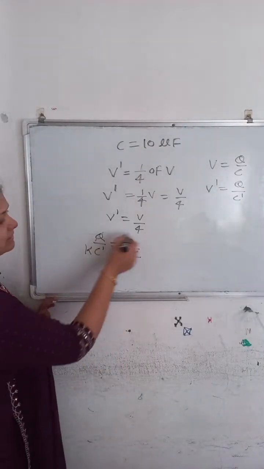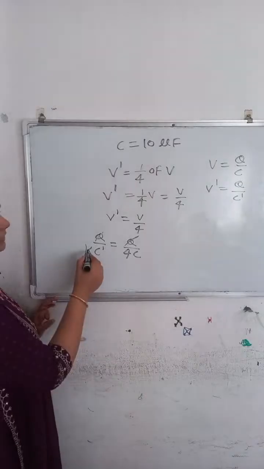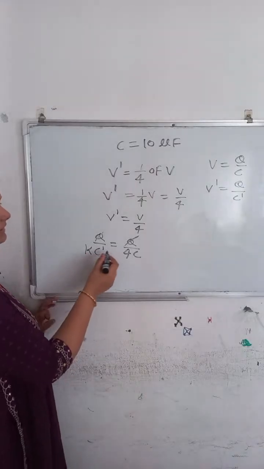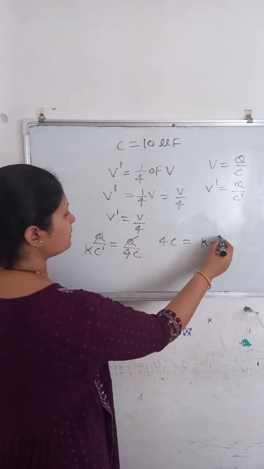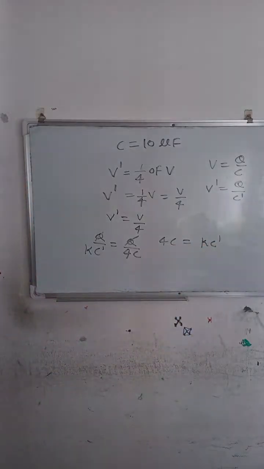So can we cancel this Q and Q? We will get 4C is equal to 4C dash. Can you get this?